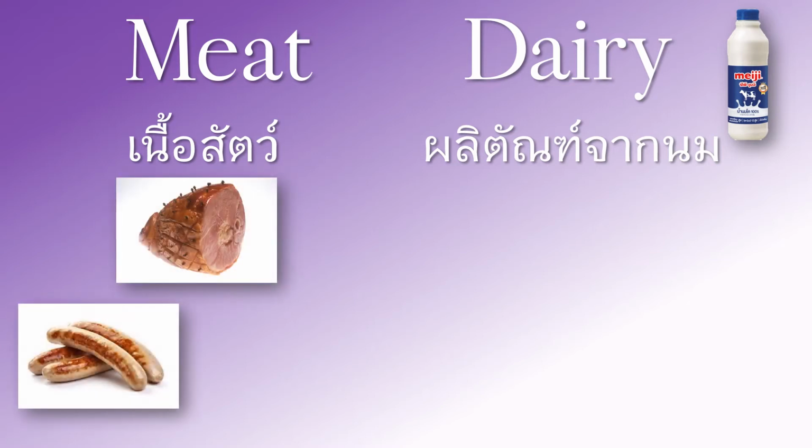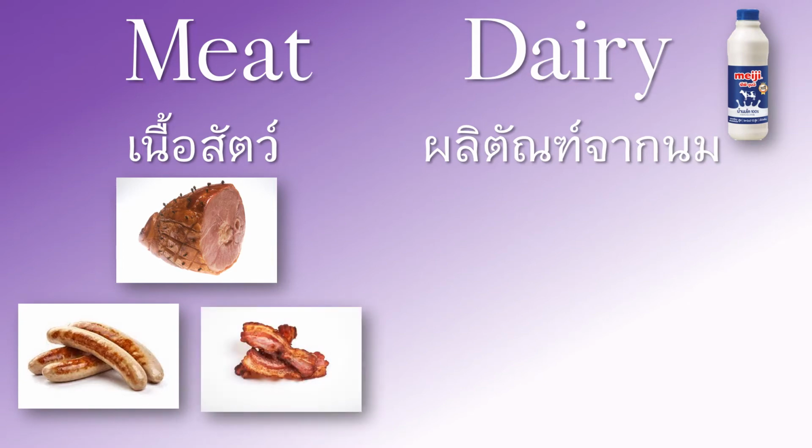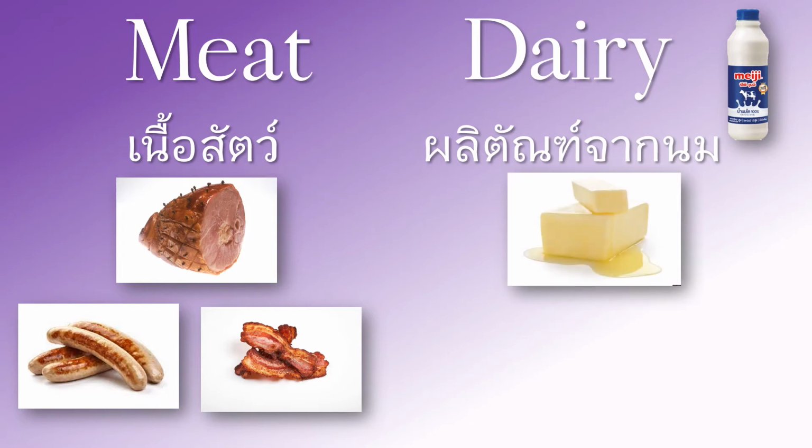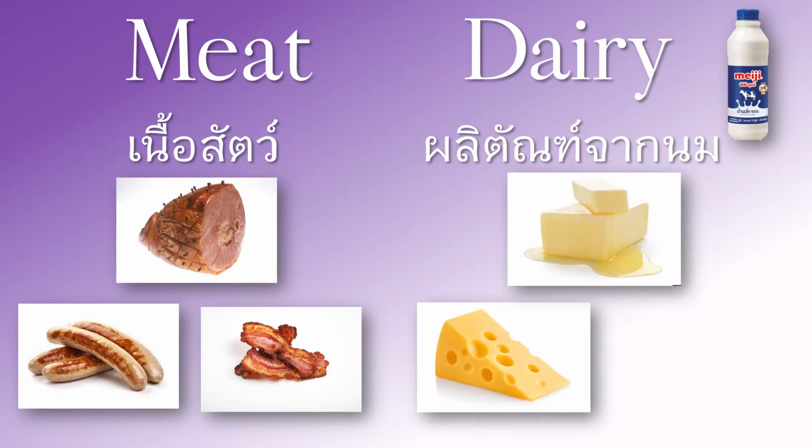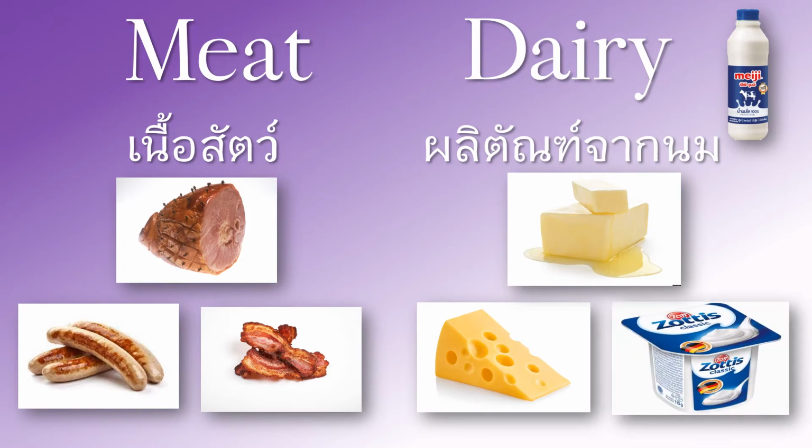Ham, sausages, and bacon. And the dairy words are butter. Butter is made from milk. Cheese. Cheese is made from milk. And yogurt. Yogurt is made from milk. Butter, cheese, and yogurt are dairy.